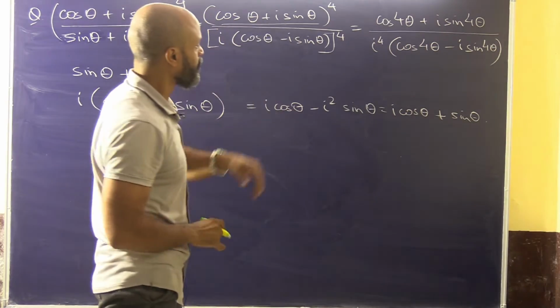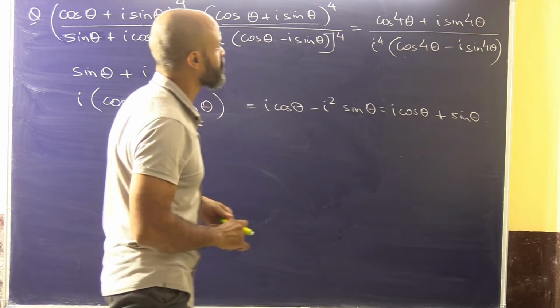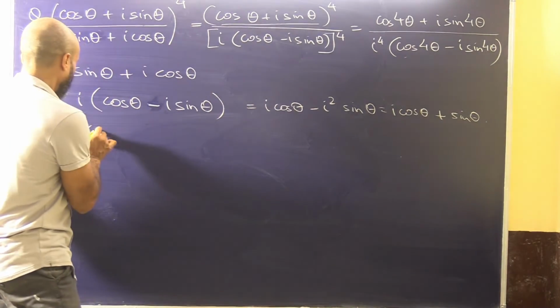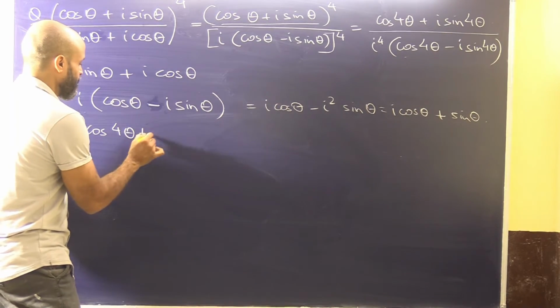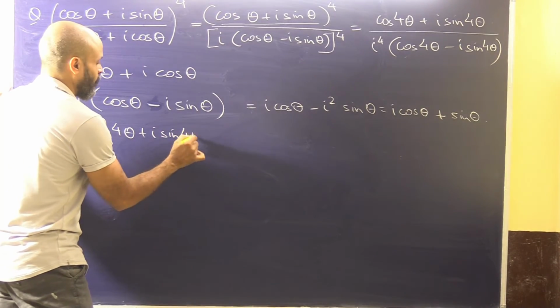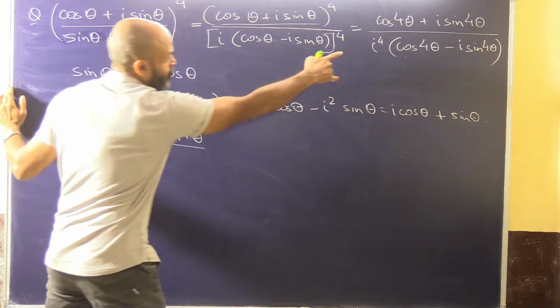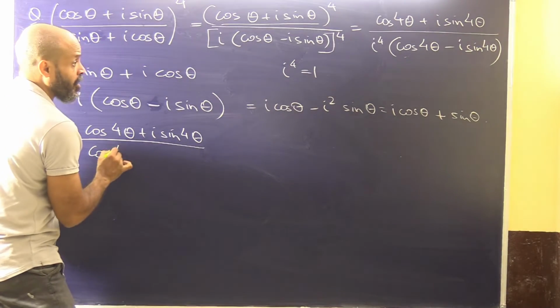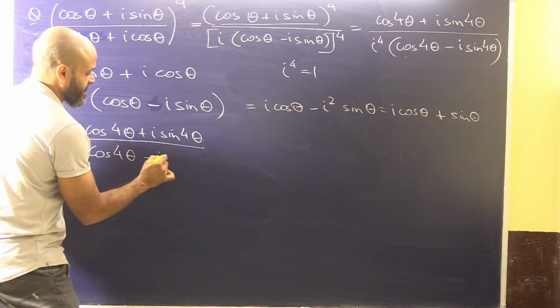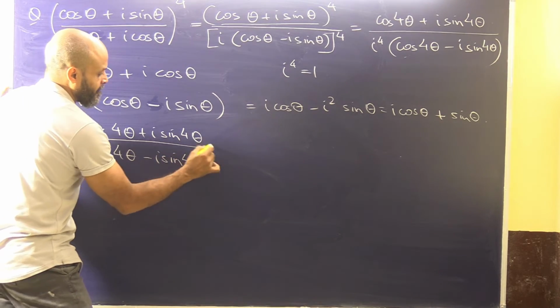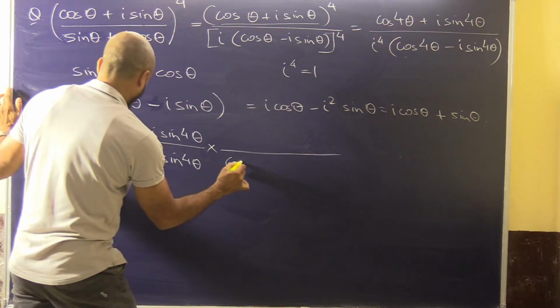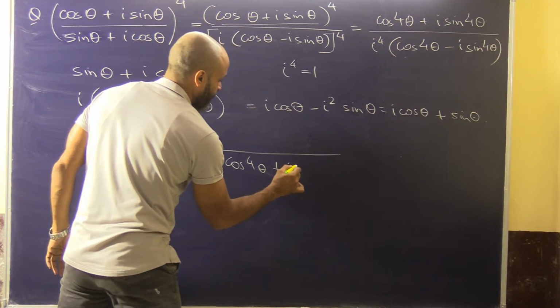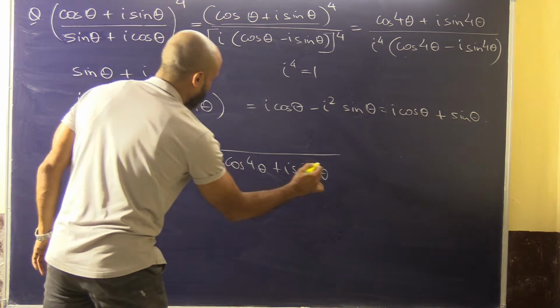Okay, so now I will multiply this by its conjugate. So here we have cos 4 theta plus i sin 4 theta. Now i to the power of 4, we know, is 1. So here we will have cos 4 theta minus i sin 4 theta into cos 4 theta plus i sin 4 theta.